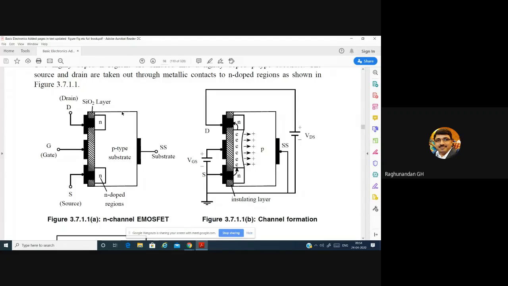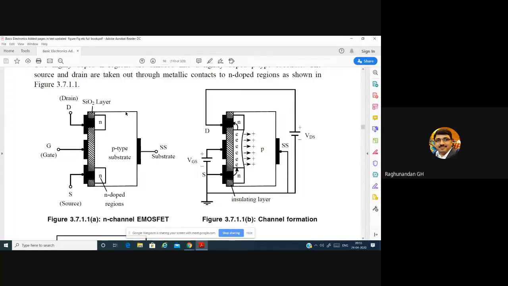So now what happens, this part becomes n-type. Why? Because in this part the majority charge carriers are electrons, and the minority charge carriers are holes. Even though this is a p-type substrate, I diffused a large number of electrons into this particular area. Now this becomes n-type material.